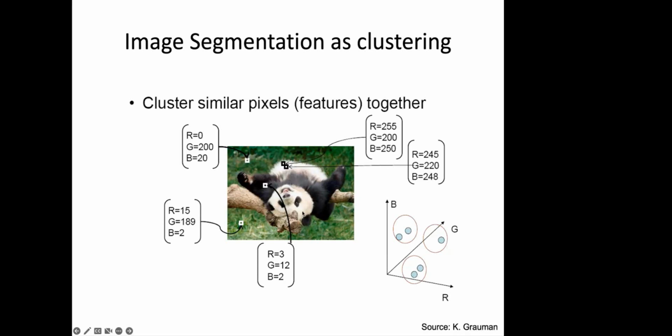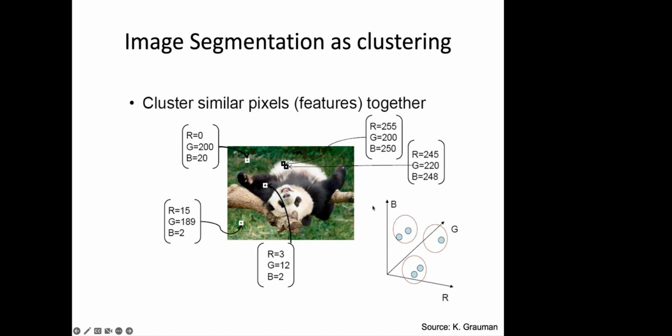We are not saying that these pixels are, say, a tree pixel. We're just grouping together pixels according to the similarity in terms of color, okay? Without any attempt at assigning a class label.